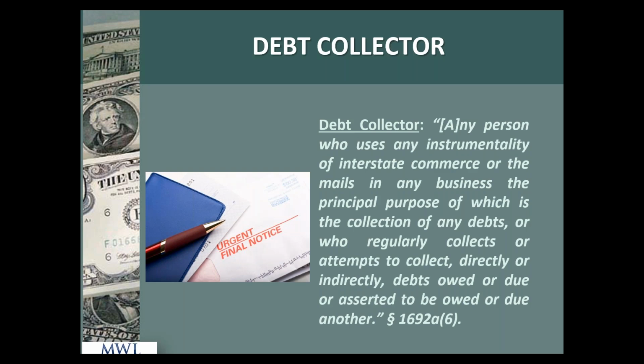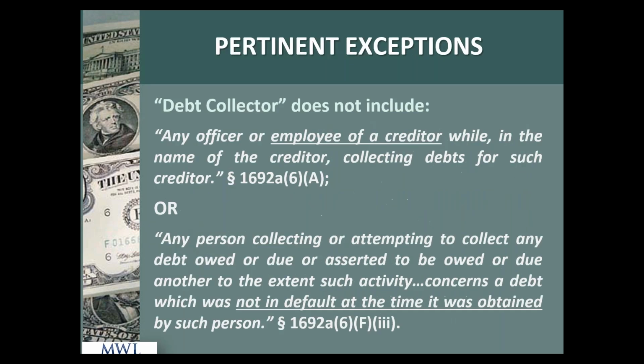And I want to talk about some exceptions that the FDCPA has evolved for the debt collector. So a debt collector does not include any officer or employee of a creditor while in the name of the creditor collecting debts for such creditor, which in this case, if you're talking about a subrogated party, might be the in-house subrogation personnel at an insurance company or a health carrier.